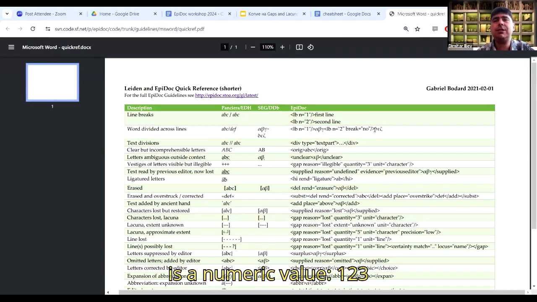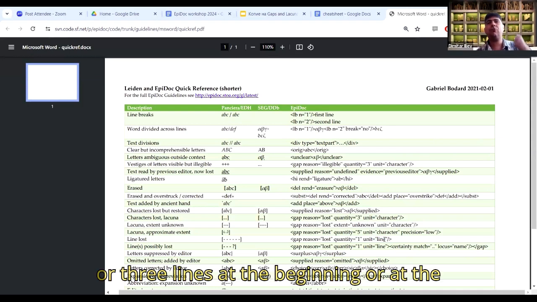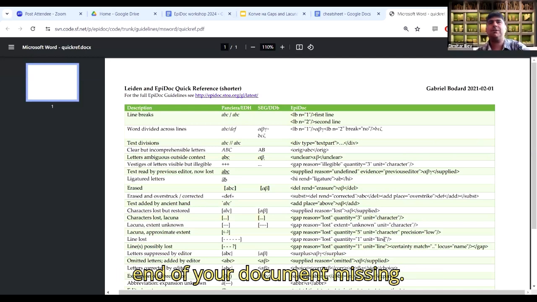Quantity usually is a numeric value, 1, 2, 3, etc. And the unit could be either character, if you are missing circa 3 letters of your inscription, or a unit can be line, if you believe there are 1 or 2 or 3 lines at the beginning or at the end of your document missing.